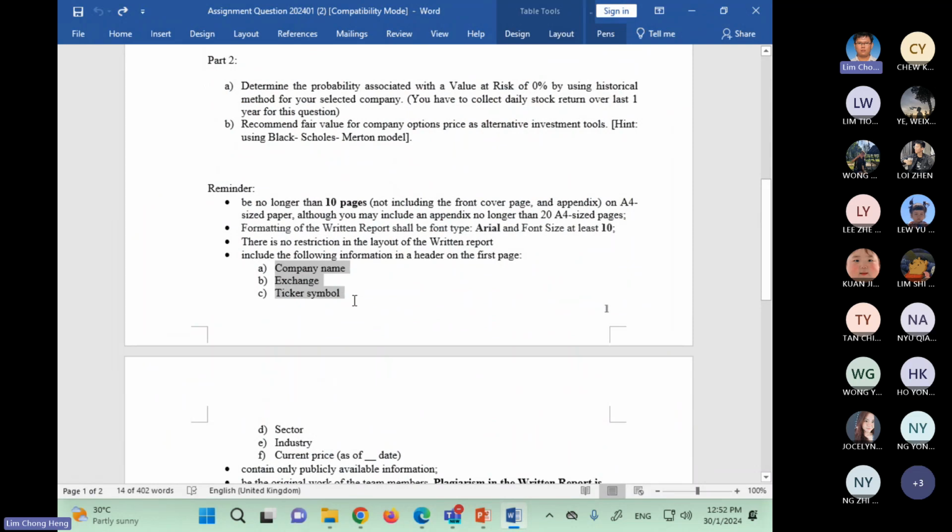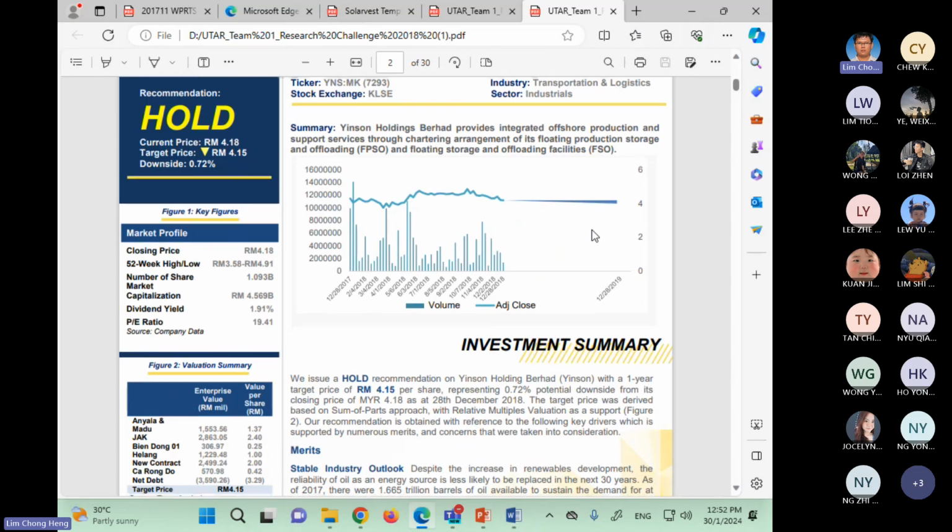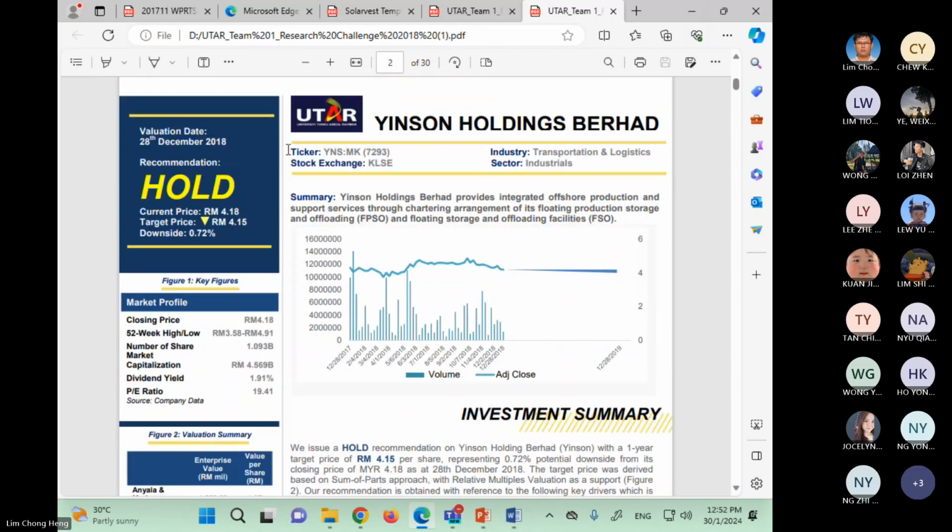Company name, exchange, ticker symbol, sector, industry, and current share price. This is all very important information. And then, remember, my requirement is you need to introduce a company that we need to invest in. So those things on the first page are very important.